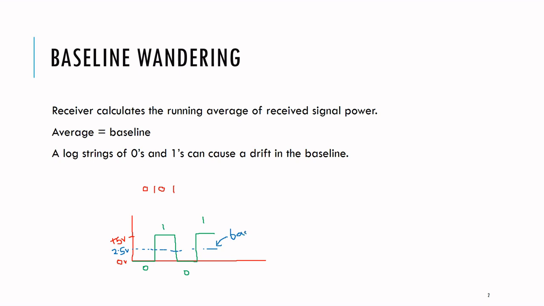If the received signal is above 2.5 volt, then we call it 1, and if the received signal power is below 2.5 volt, then we call it 0. So this is a pretty good approximation.